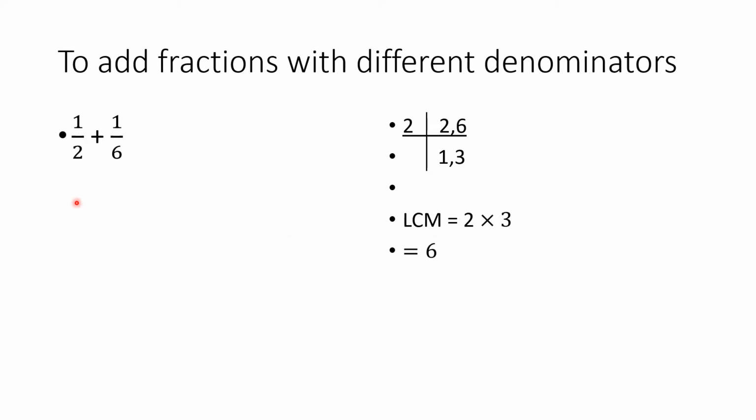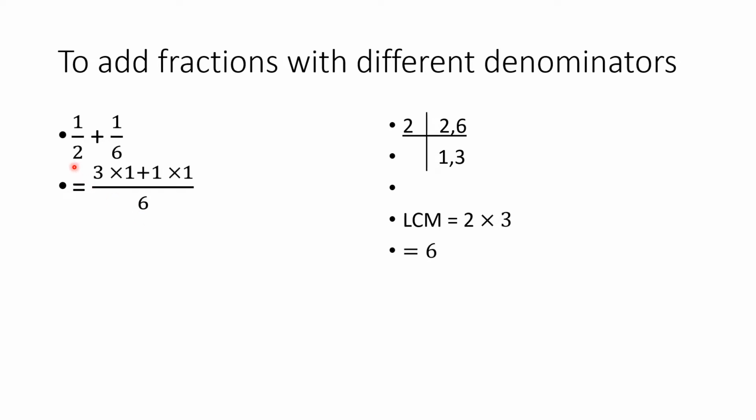Now here we have two methods. Either with the help of this LCM find out the equivalent fraction of 1 by 2 and then we will add simply. Either there is one more method which I am going to tell you right now. We will write this LCM as denominator here 6.